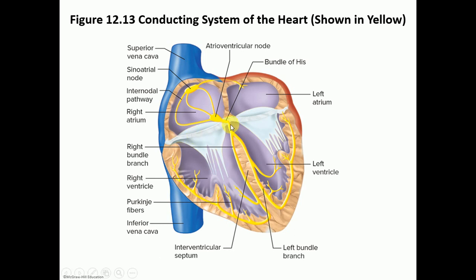That bundle goes down into the interventricular septum, which is the septum between the two ventricles, and branches out into a right and a left branch. These branches go down the corresponding ventricular walls and give out smaller fibers, which are known as Purkinje fibers.